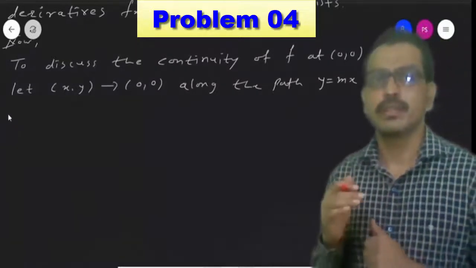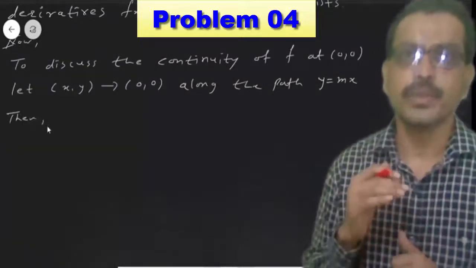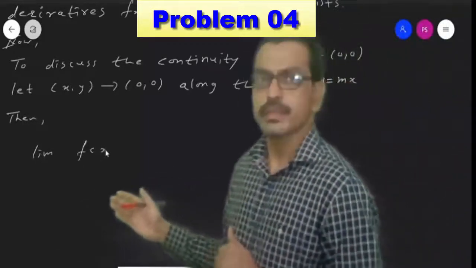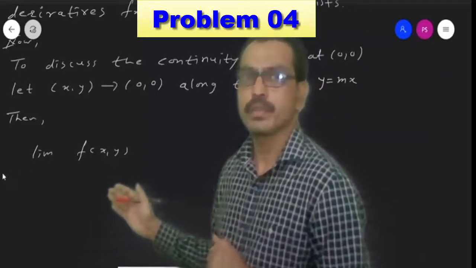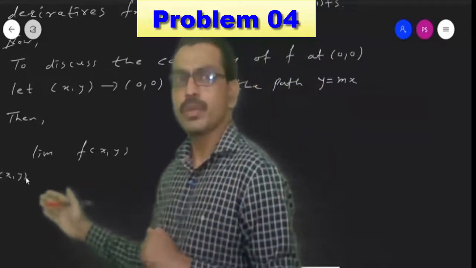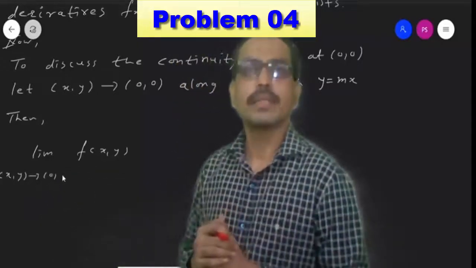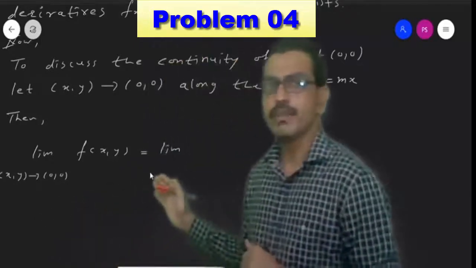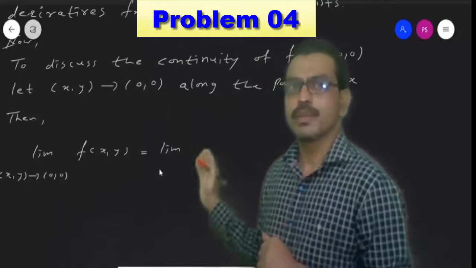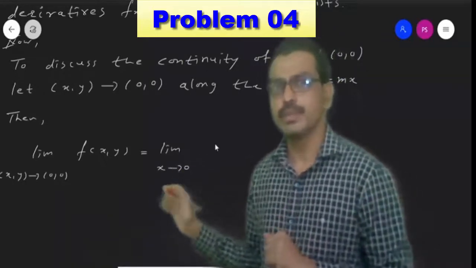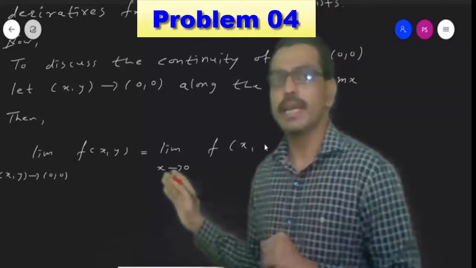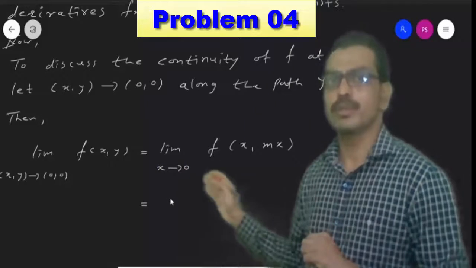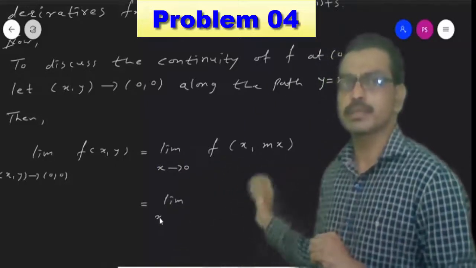Then the limit of the function f(x, y) as x tends to 0, y tends to 0 is equal to the limit along the path y equals mx.